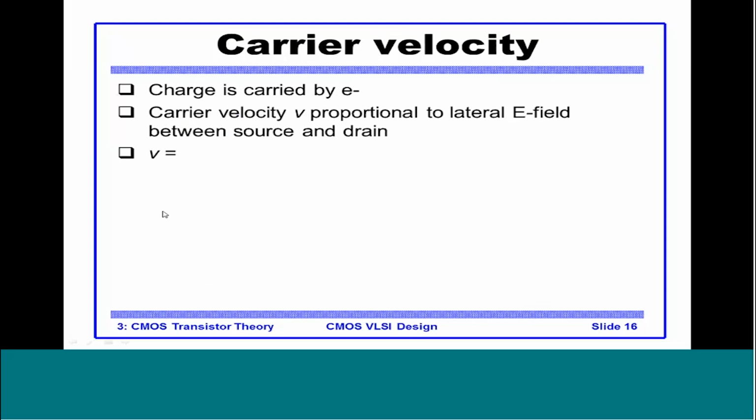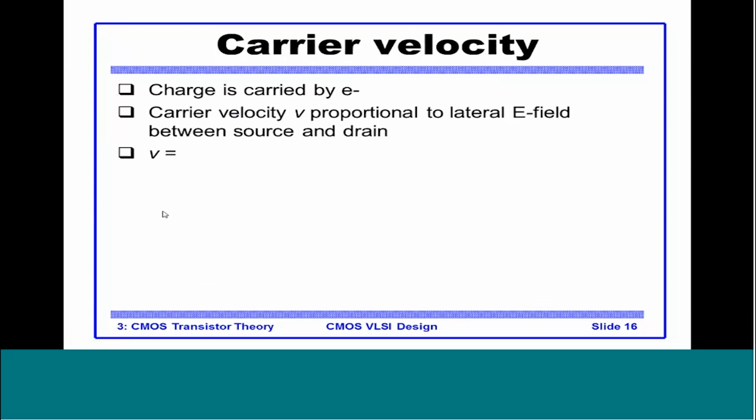The first thing we sought to define was how much charge there is, which we saw in the last slide: Q is equal to CV. We calculated the value of C and the value of V. Now we come to the second question: how much time it takes. The charge is carried by electrons. The carrier velocity of electrons is proportional to the electric field, the lateral electric field between source and drain.